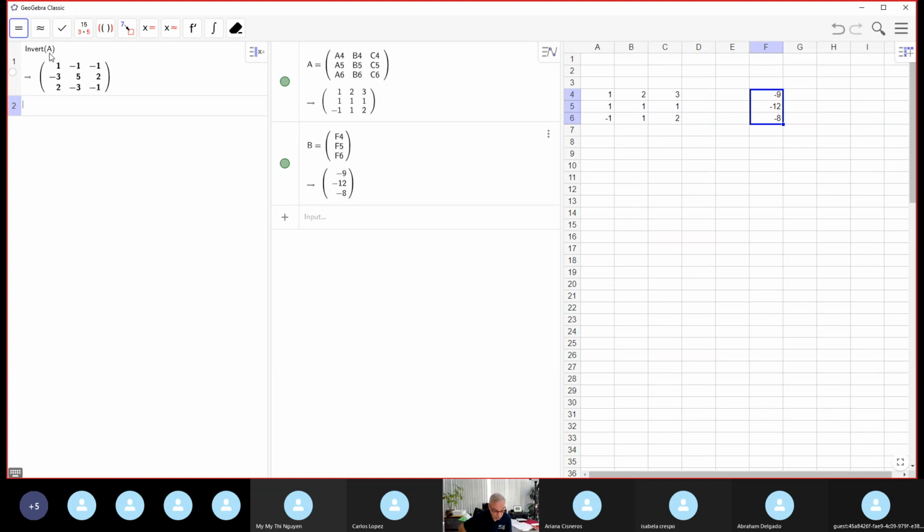Now, the most important is the multiplication. The inverse matrix is this. If I type invert matrix A times B, it's important, the order, guys. Enter. Boom. 11, -49, and +26 is the answer. Wow, fantastic.